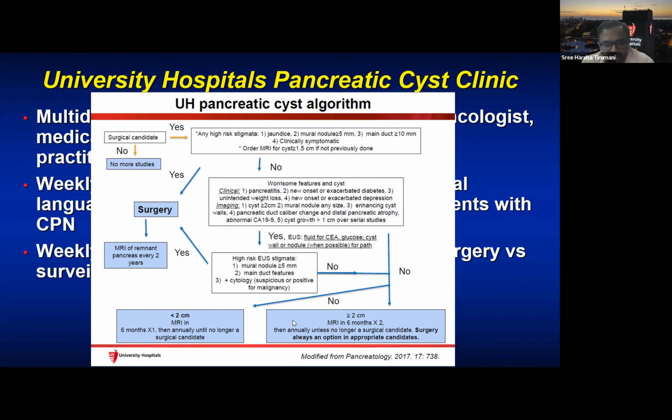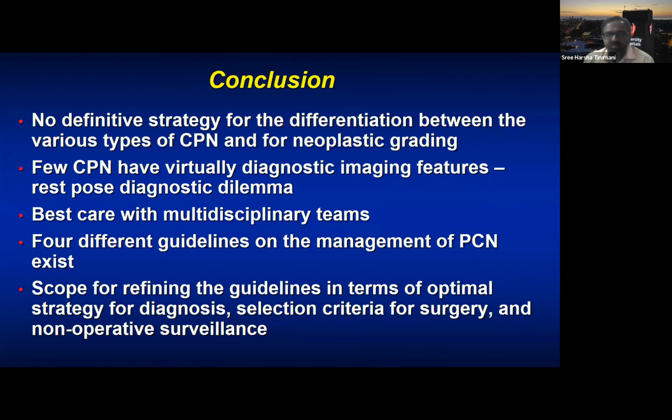following the IAP recommendations. So in conclusion, incidental pancreatic cysts are pretty straightforward many times, but there is always a diagnostic dilemma and management dilemma when it comes to the small ones. And usually the best care is provided by a multidisciplinary team. And using the guidelines should be very prudent.